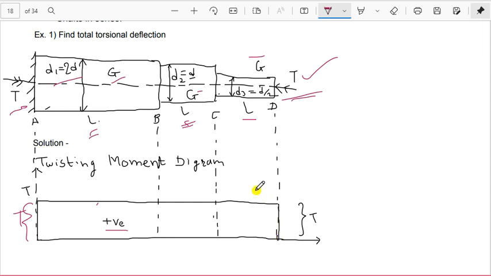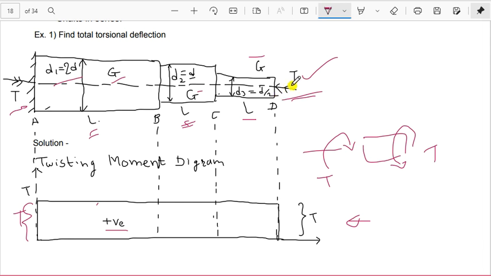You may be confused that here the torque is like this from the left end, and on the right end the opposite torque is there, so they will nullify each other. Or you can even start drawing the torsion diagram from the right end.